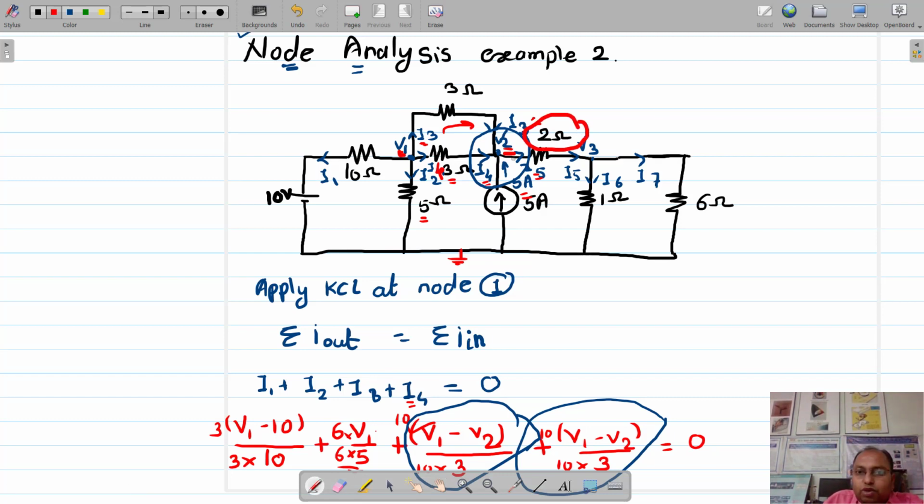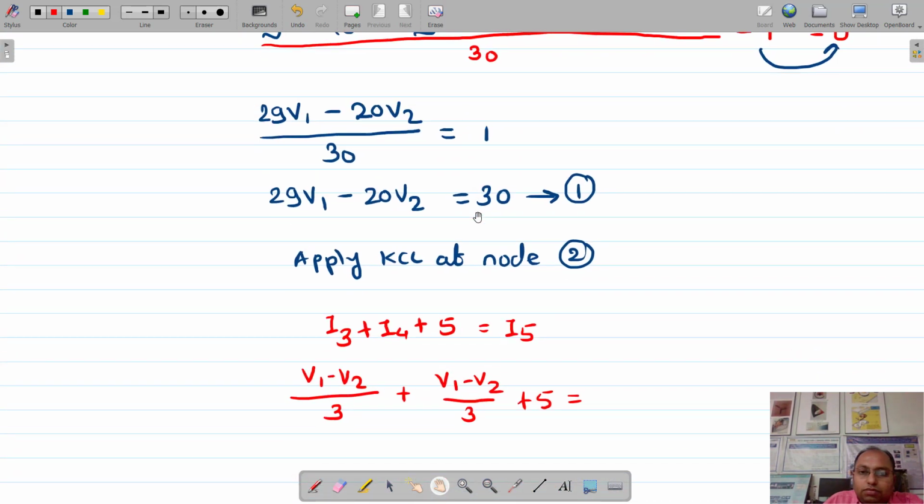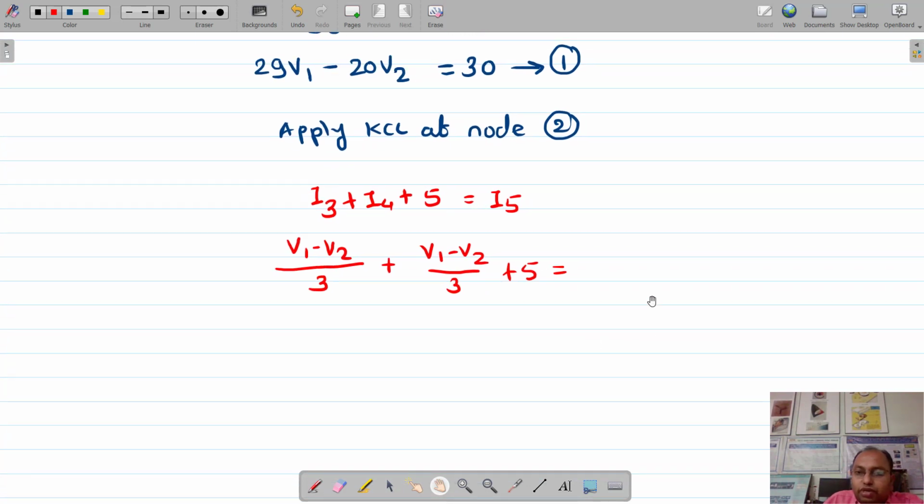The current is flowing from V2 towards V3, right? So V2 minus V3 divided by 2 ohm is going to give you the value of current, right? V2 minus V3 divided by 2 ohm.